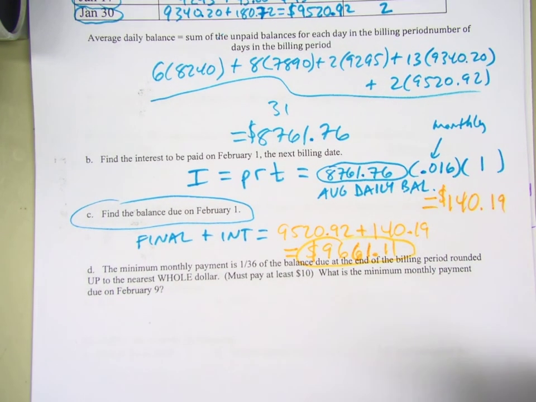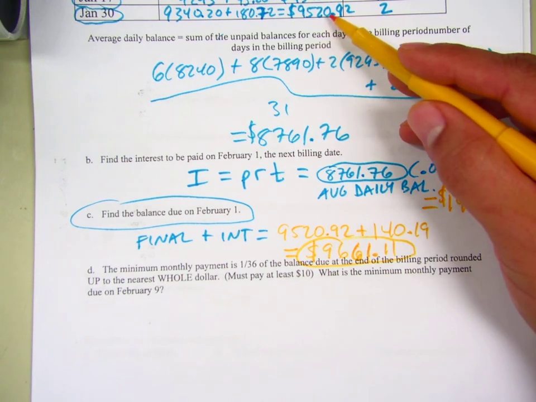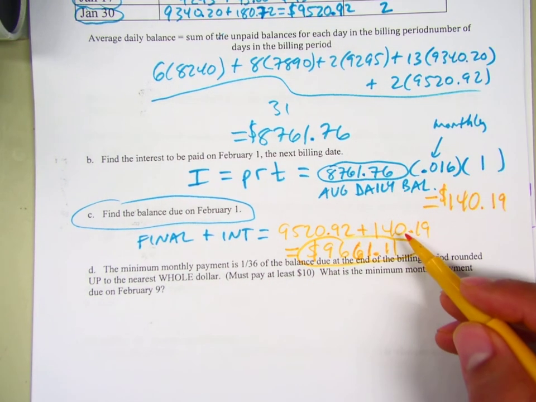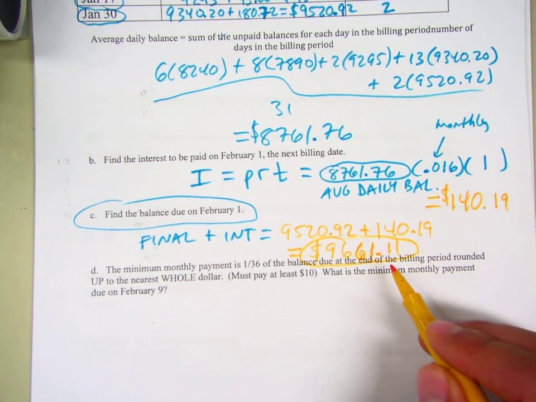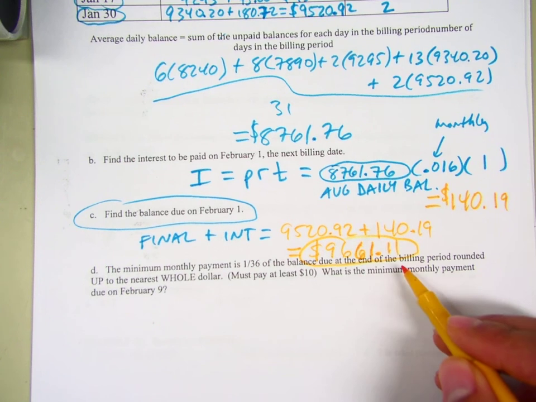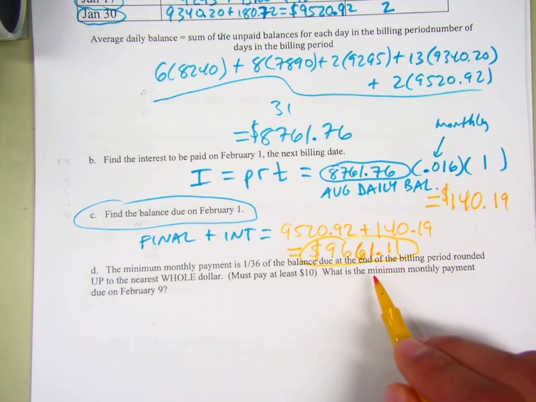You end with $95.20.92. You get charged a little bit of interest because you have a balance that rolled over and it's changing day to day. And so now you have two options. If you can pay off this in full, then you're done with the credit card and you're good. A lot of people, and this is how they get into trouble, can't pay this off in full. So what they'll do is pay the minimum payment. And that's what we're going to calculate now.